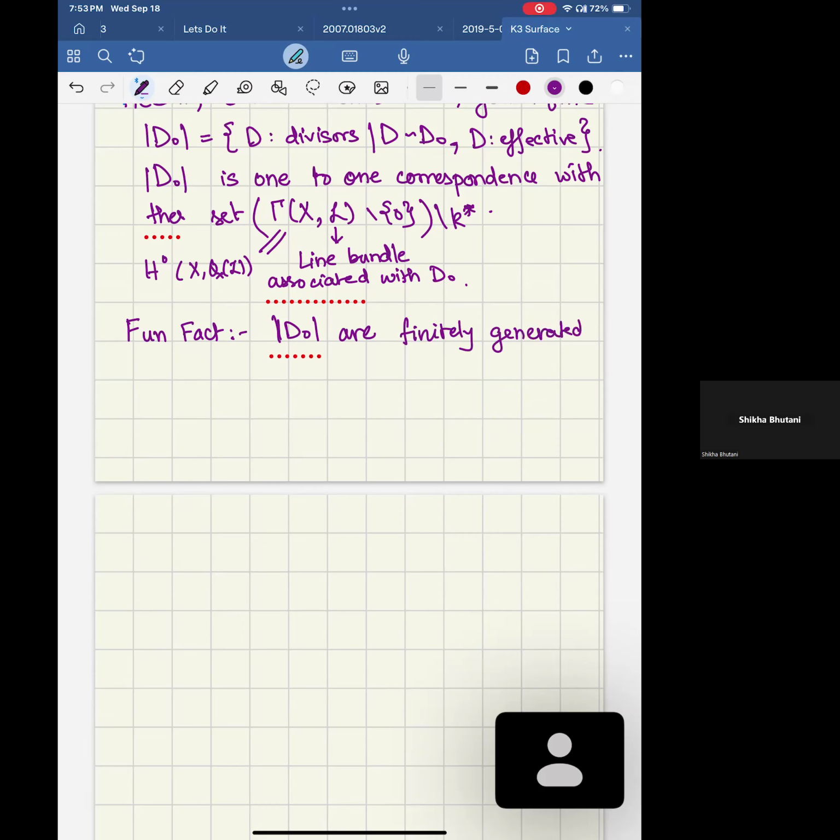So let's say it is generated by S0, S1, dot dot dot, Sn. Then what you want to do is define a map phi, let me write D naught here because it's phi corresponding to this D naught, from X to Pn, where I send the small x to S0 of x, S1 of x, dot dot dot, Sn of x.